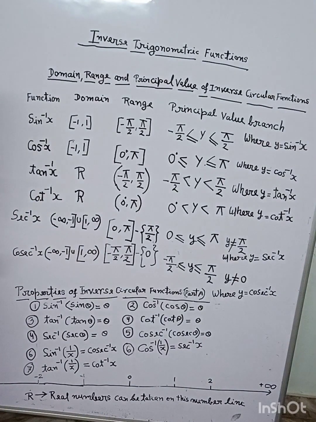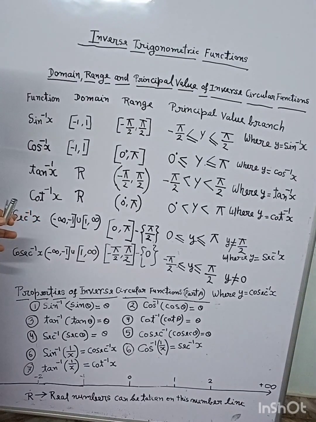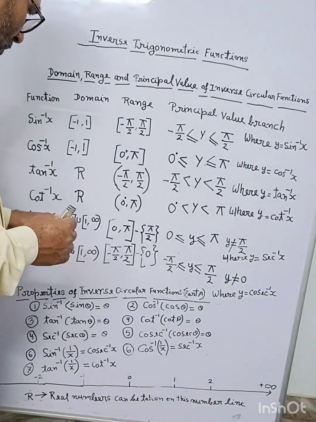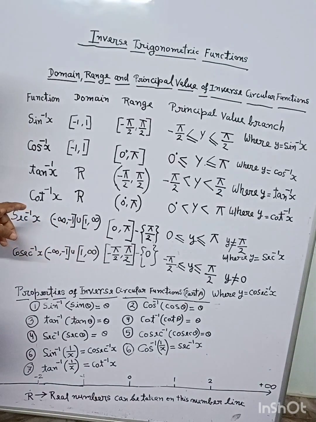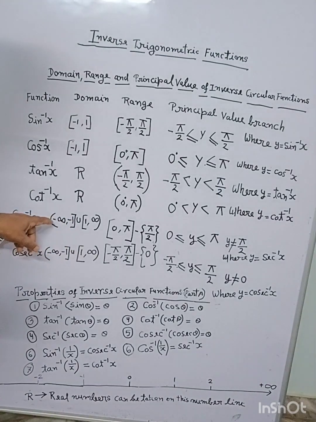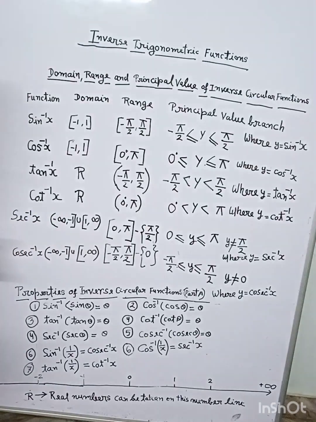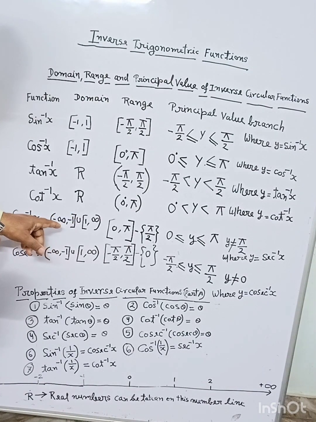In case of sec inverse x, the values are from minus infinity to -1. Minus infinity is an open interval and -1 is a closed interval.